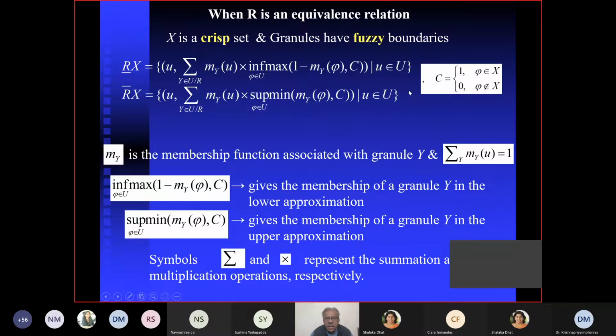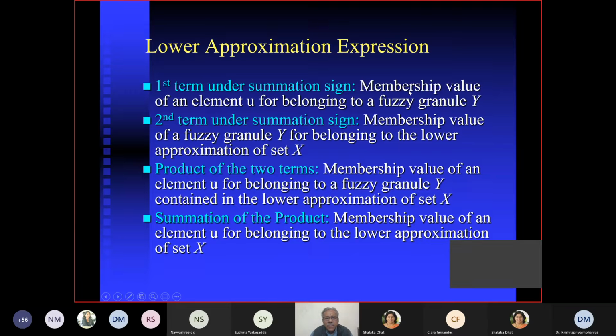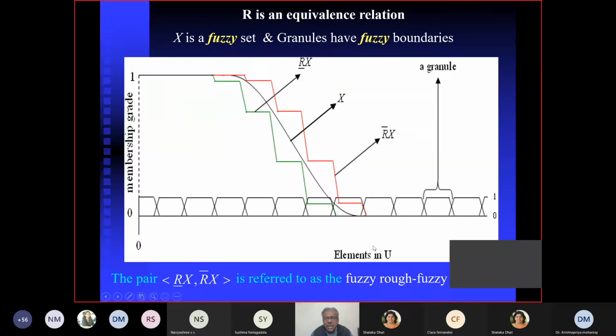Very interesting. The first term, as I mentioned, is the membership value of an element u for belonging to a fuzzy granule Y. The second term is the membership value of a fuzzy granule for belonging to the lower approximation. If you take the product, it is the membership value of an element u belonging to a fuzzy granule Y contained in the lower approximation, and the summation over all granules gives the membership value of the element belonging to the lower approximation.